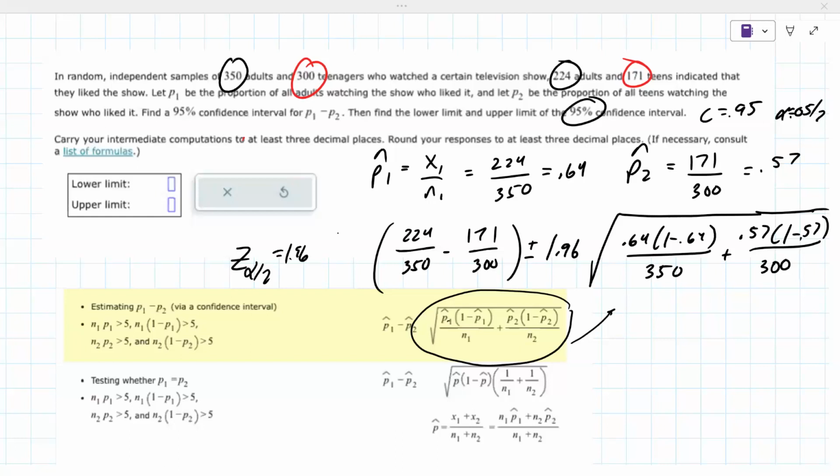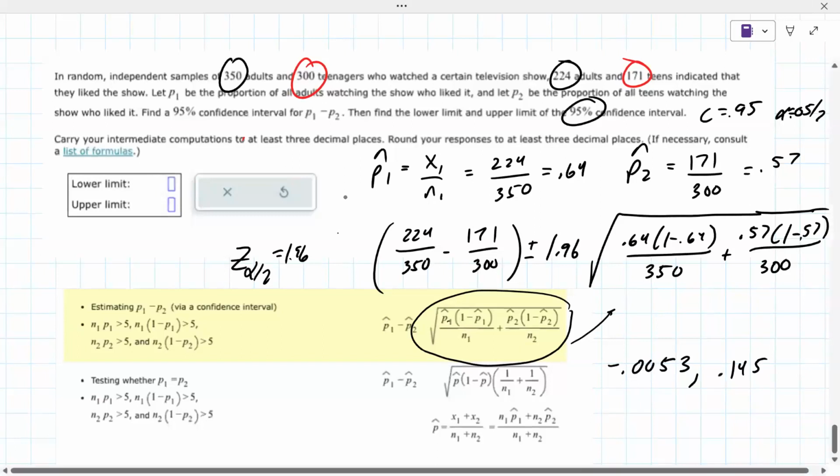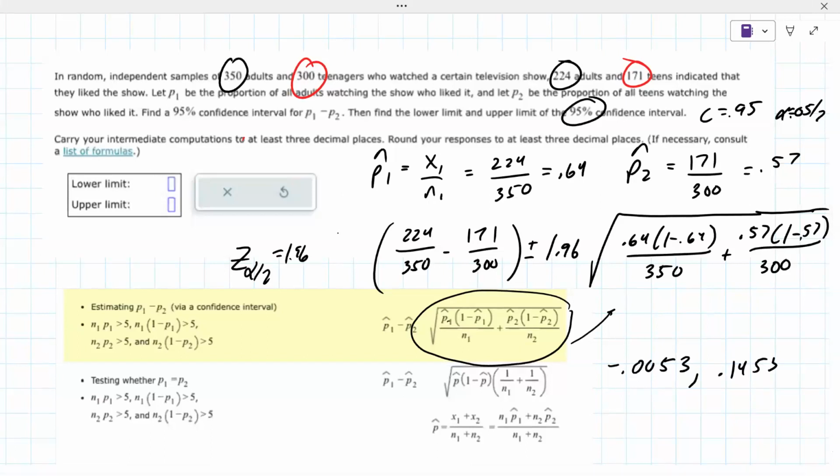So it's minus 0.0053, comma, 0.1453. It's not unusual for them to be really small values. So give those a try and let me know how that goes for next time.